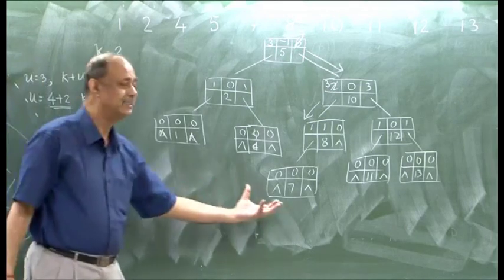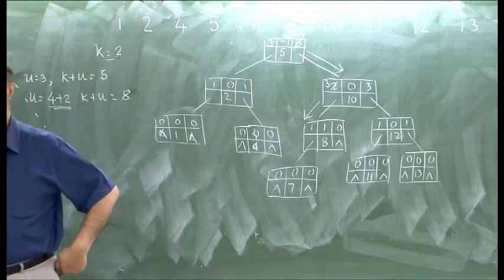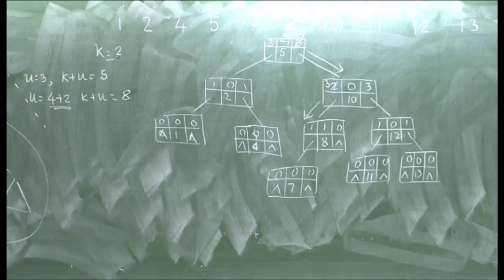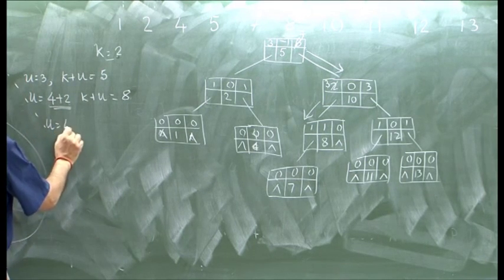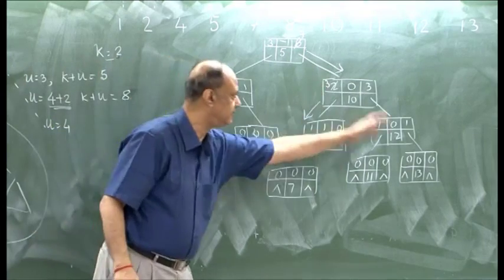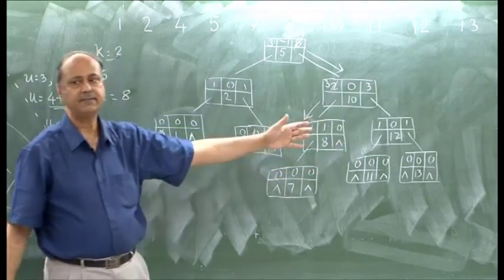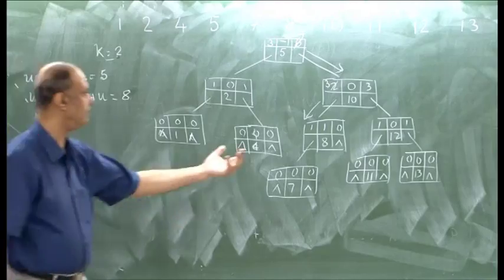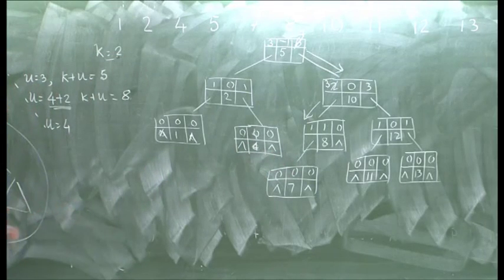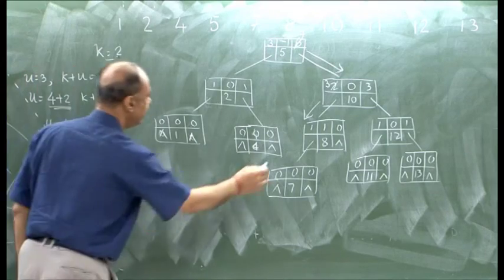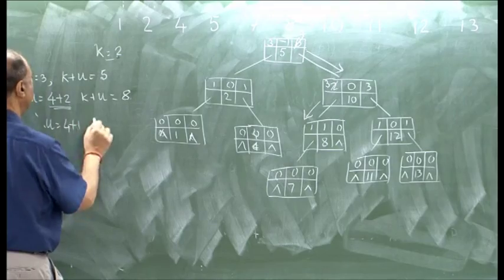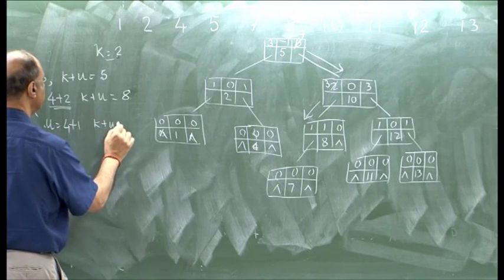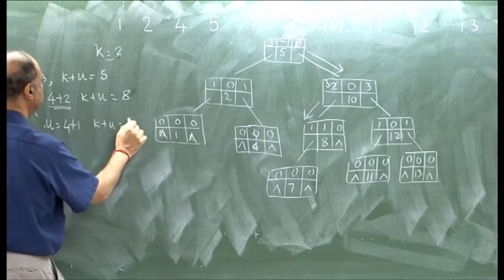Because now the node will be inserted somewhere here. So it will be increased by 1. Now what is your u? u will still be 4, because on this side, it is not traversing towards the right, it is traversing towards the left. So u will still be 4, plus the expected 1. k plus u now becomes 5 plus 2, which is 7.